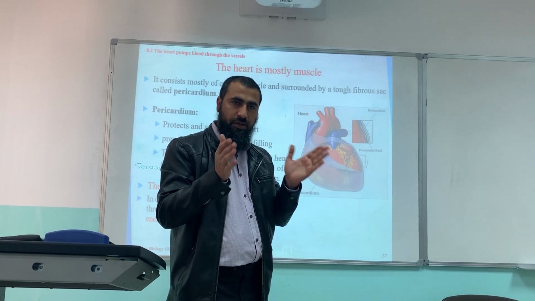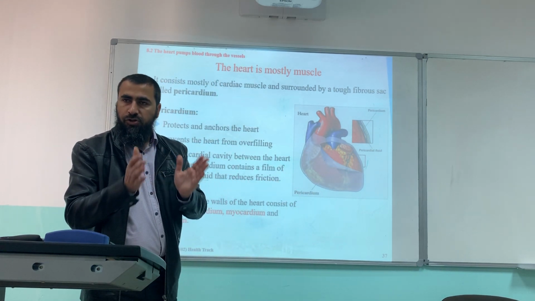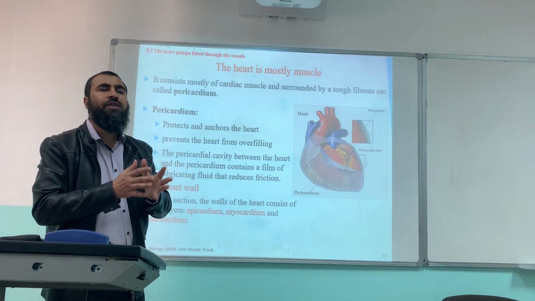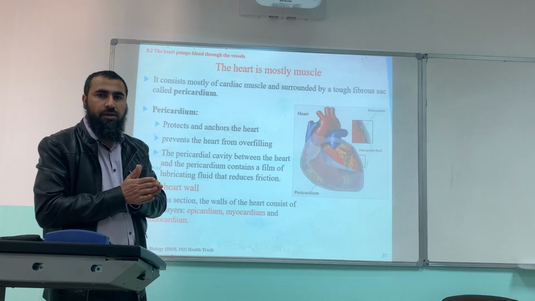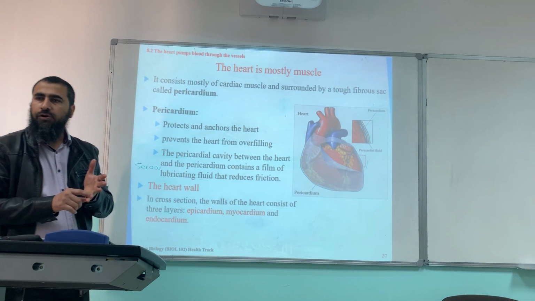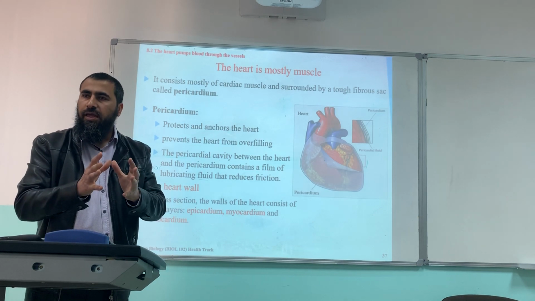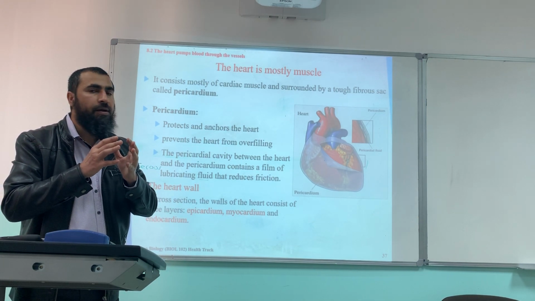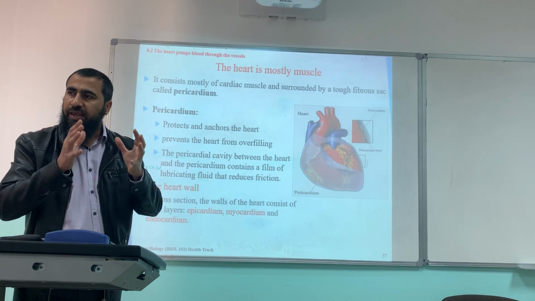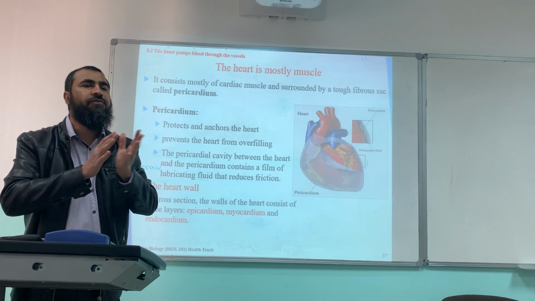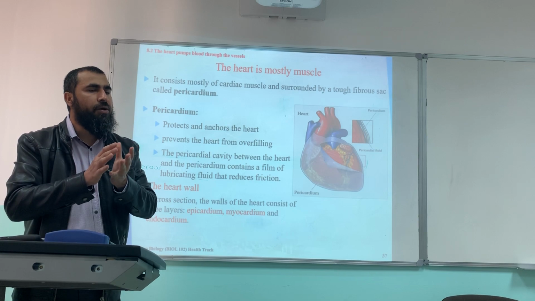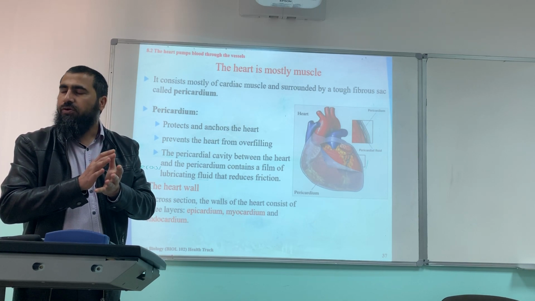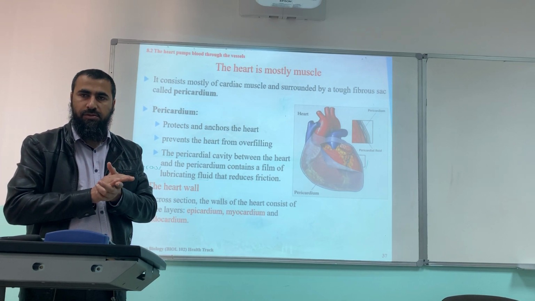You know lubricants, they reduce friction. By reducing friction, you lower the damage to the heart. So the pericardium is very important in anchoring and protecting the heart, in stopping it from overfilling, and in preventing friction by producing this lubricant, so the heart doesn't get damaged.